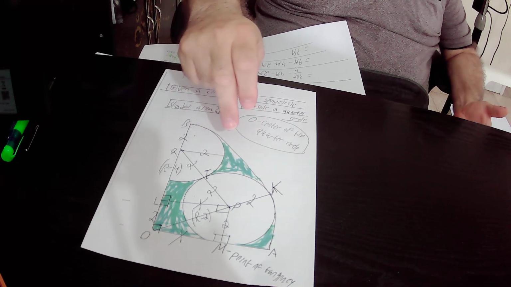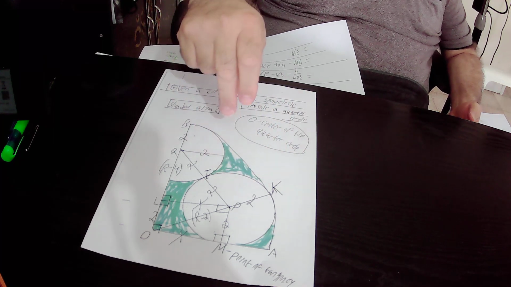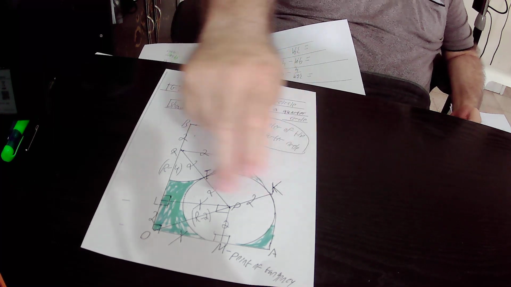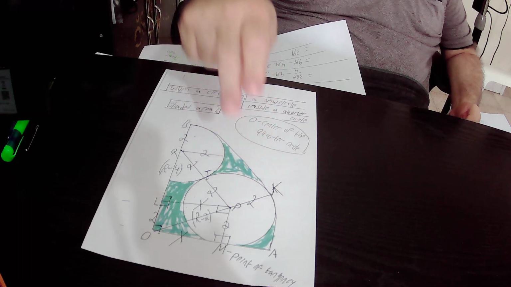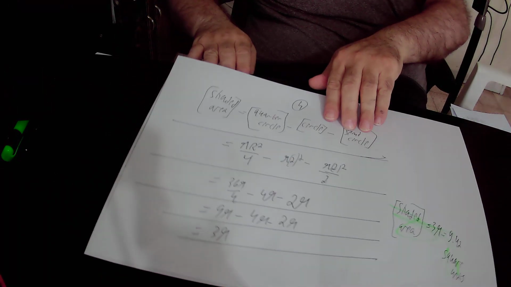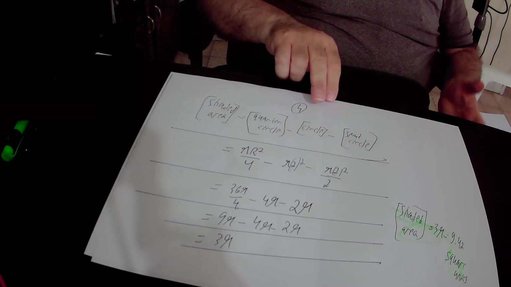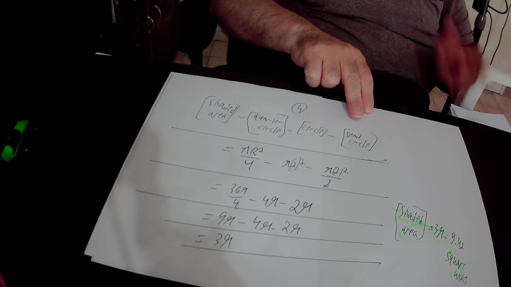It is very easy to see from the drawing that the value of the shaded area equals the area of the quarter circle minus the area of the circle minus the area of the semicircle. Repeat again. The value of the shaded area equals the area of the quarter circle minus the area of the circle minus the area of the semicircle.